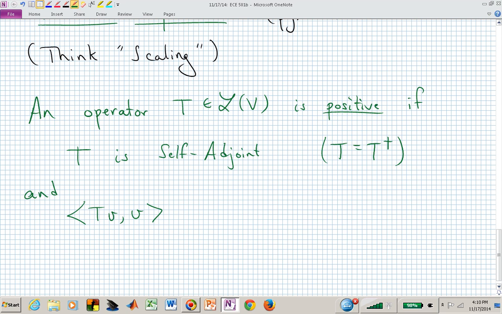Now their inner product, the input with the output, you want that to be non-negative, greater than or equal to 0. And that's true for all V.